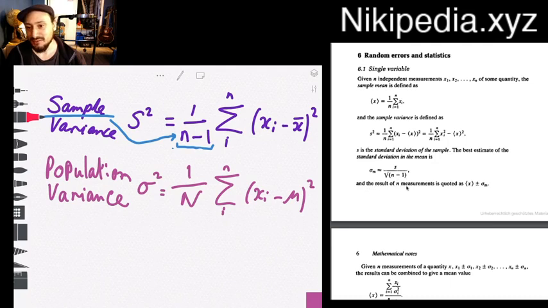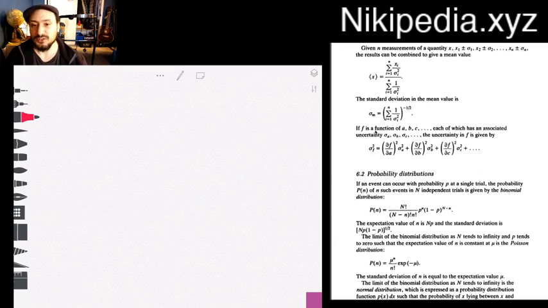The result of n measurements is quoted as the mean of the measurement plus or minus this standard deviation of the mean. So let's use the formula in the book. I'll also include the rest of the formulas given in the book here for future reference, and we can return to any others that we need to.